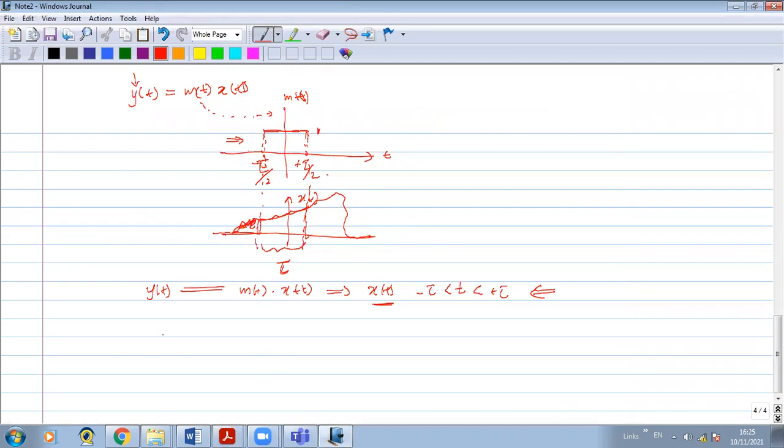If I try to relate this, if I find the Fourier transform of x(t), normally we have to evaluate it from minus infinity to plus infinity, x(t) e to the power minus j omega t, and then I have the Fourier transform X(omega). But here we have minus tau to plus tau.